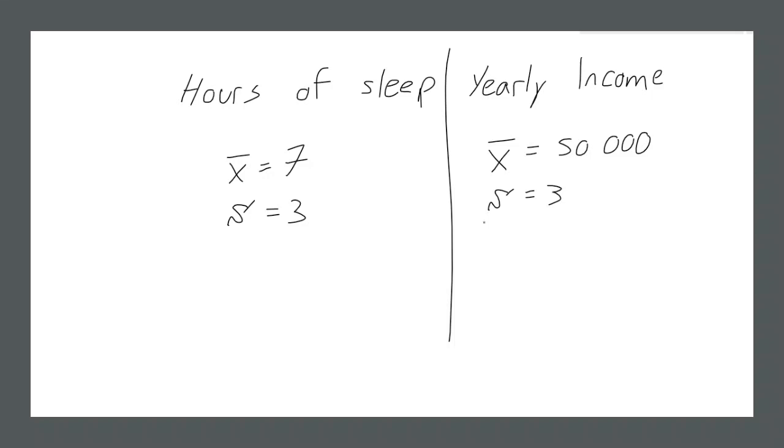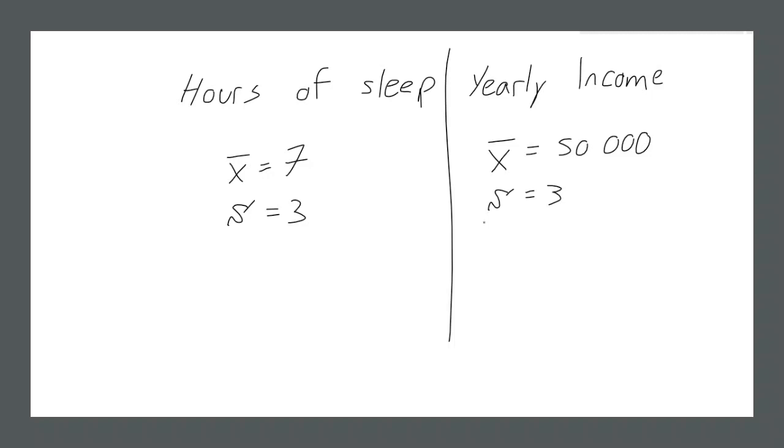The standard deviation is the same in both of these cases. But plus or minus 3 hours of sleep per night is a lot. Like 7 hours on average, plus or minus 3 hours, that's 4 hours versus 10 hours. You're a completely different person. Plus or minus $3 per year for someone making $50,000, that $3 isn't going to mean much.